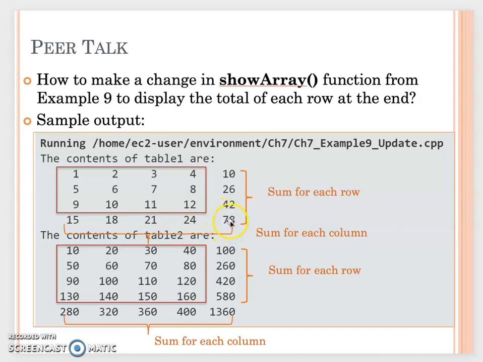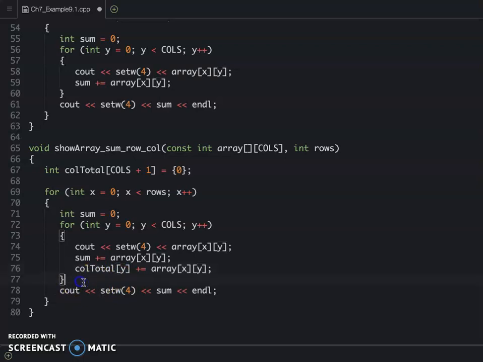So the grand total actually came from each sum. But the sum of the row cannot get this value until I finish the inner loop. So that's why this number I need to accumulate after I have my sum ready. And here, remember, on purpose we made our 1D array columns plus 1.